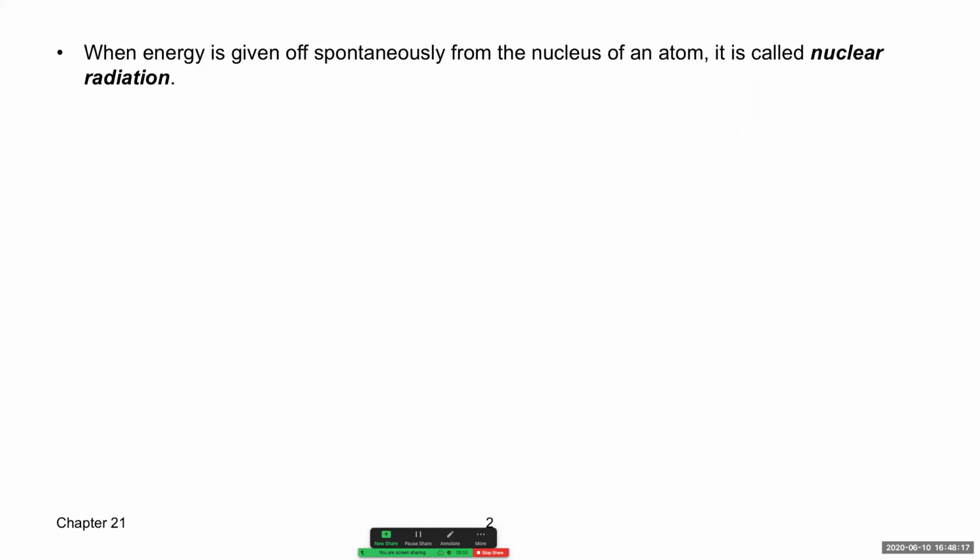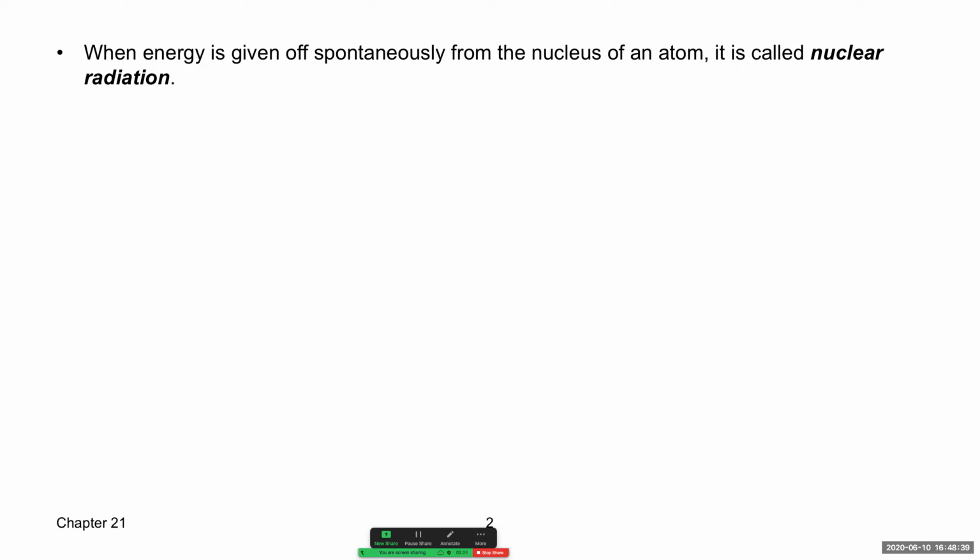When energy is given off spontaneously from the nucleus of an atom, it is called nuclear radiation. We've talked about radiation before. Another term for radiation is electromagnetic radiation, and that's really the study of light.